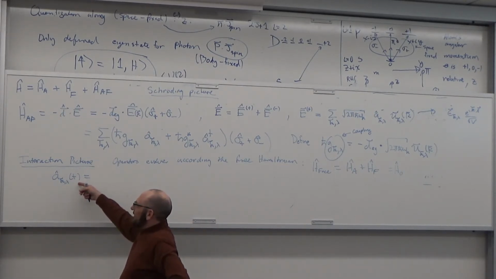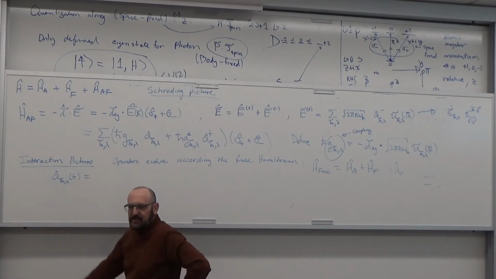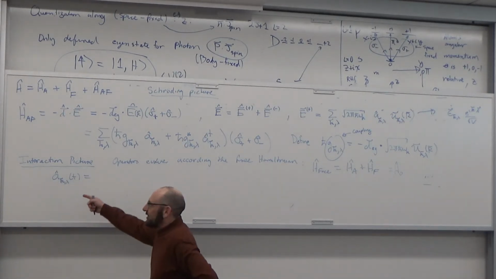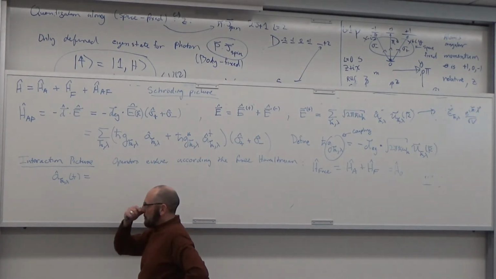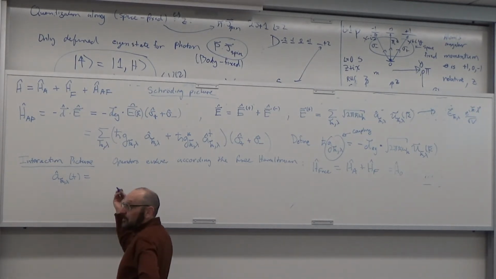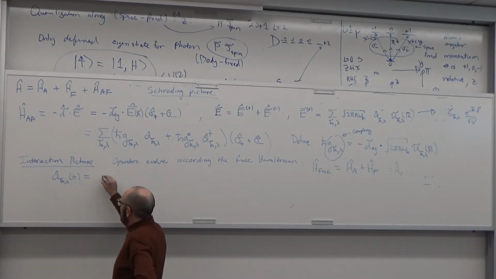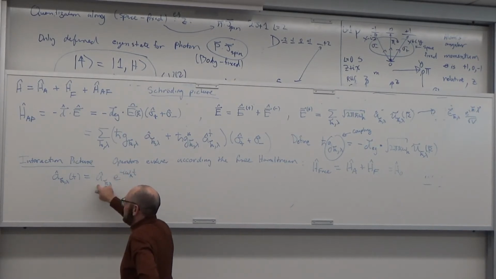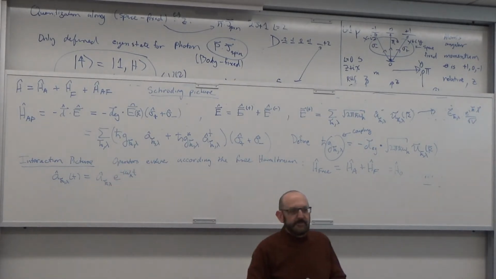If I have just a harmonic oscillator, how does the complex amplitude, which is this, evolve as a function of time? It's like a harmonic oscillator, right? This is like the complex amplitude. It evolves as a rotation, e to the minus i omega t. I'm saying this is at time equals 0. Okay, that's true.